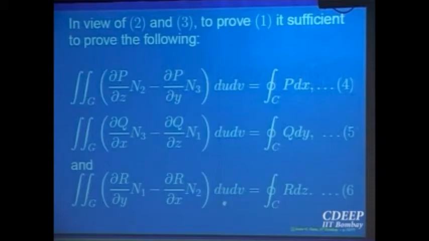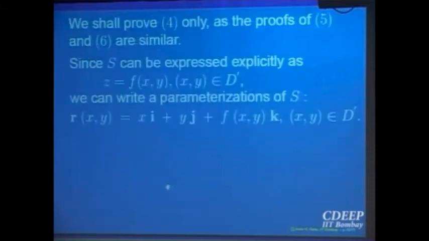So let us use the fact that your surface is representable as z is equal to f(x,y). But you said our surface is also representable as (u,v) going to r(u,v). What does that mean? Now I am saying it is representable like this. That means I can take u equal to x, v equal to y, and that g which was there is now nothing but D prime.